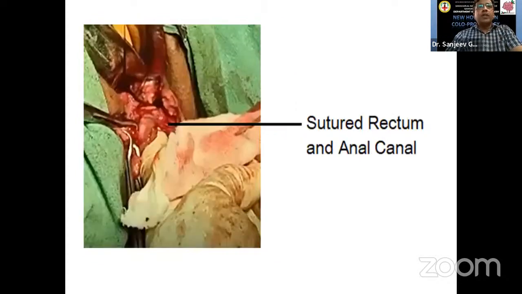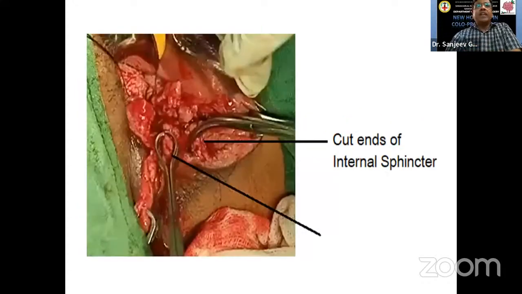Once you have approximated the rectum and anal canal, you can follow further down to identify the internal sphincter. Internal sphincter is pale in comparison to external sphincter and continuous with the rectum, and can be identified easily. These are the two ends of the internal sphincter after the closure of the rectum and anal canal.